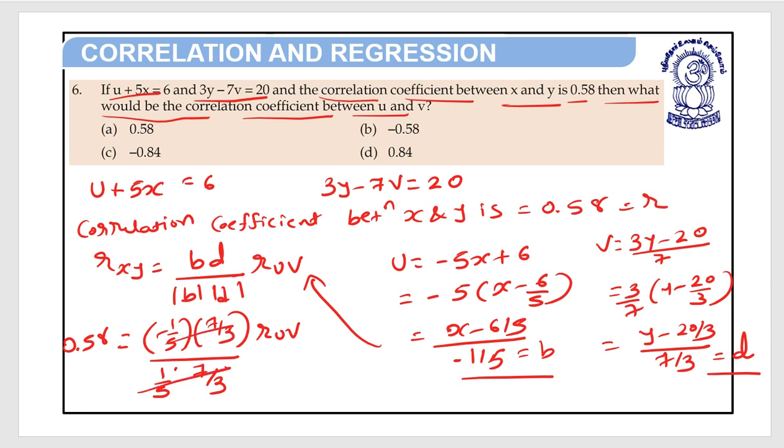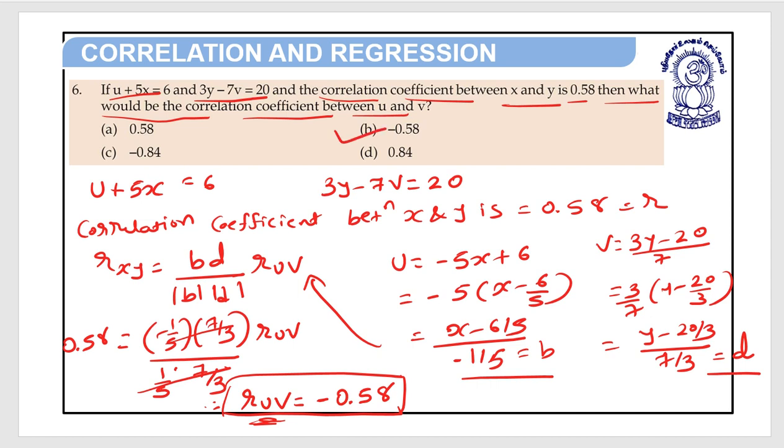So ruv is equal to minus 0.58. So the correlation coefficient between u and v is minus 0.58. So option B is the right answer.